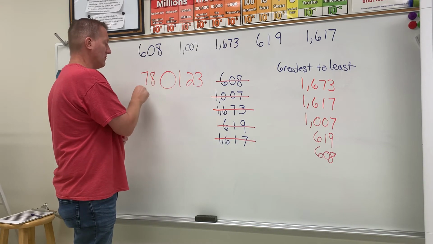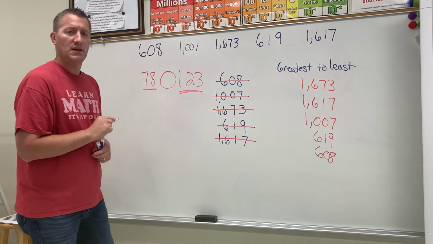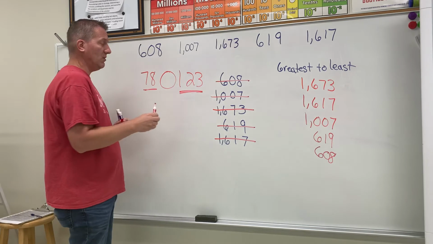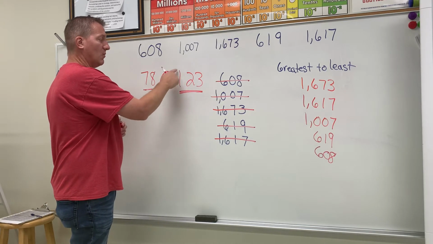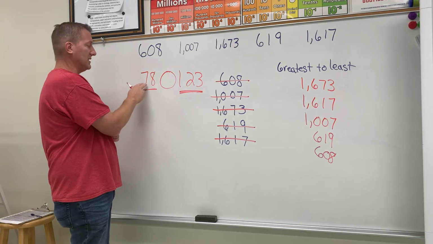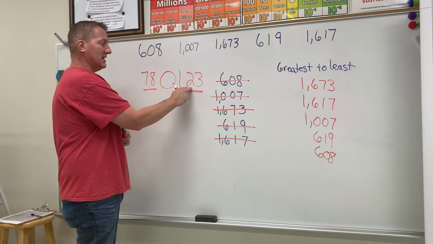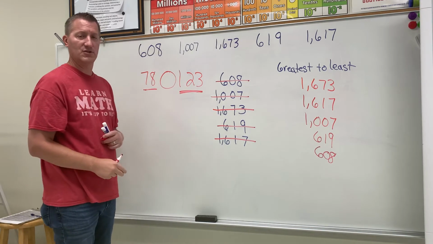Is it 78 or is it 123? Well, hopefully you noticed that this one has a 1 in the hundreds place. This one doesn't have anything in the hundreds place. And this one only has tens and ones. This one has tens, ones, and hundreds.